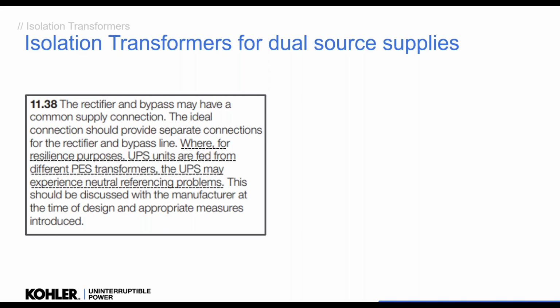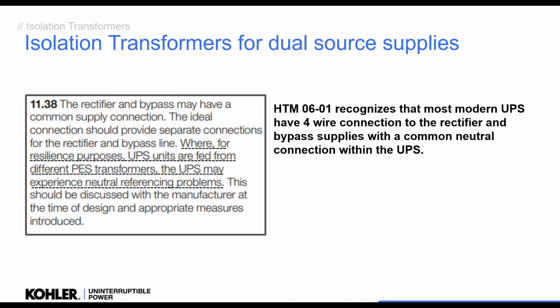So again, in the chapter we previously looked at in HTM, it says where for resilience purposes UPS units are fed from different PES transformers, different supply sources, the UPS may experience neutral reference problems, and talk to the manufacturer. So it recognizes that modern transformerless UPSs have 4 wire connections to the rectifier and bypass.